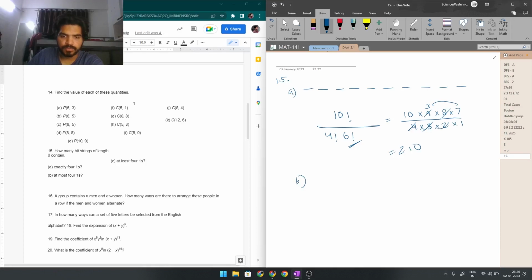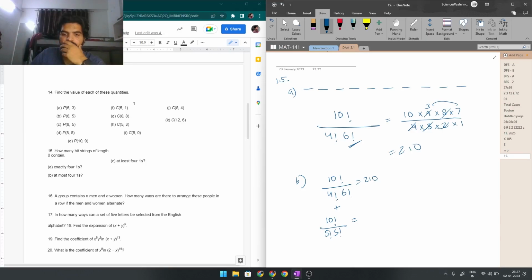At least 4. So for at least 4, we will take 4, 5, 6, 7, 8, 9, and 10. We will take each individual value and add them up. Let me do half the part of it, I don't want to waste the time. So 4 is there: this will be 210, plus 10 factorial upon 5 factorial, 5 factorial, because 5 zeros, 5 ones.